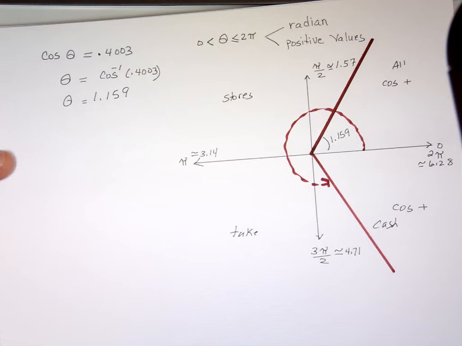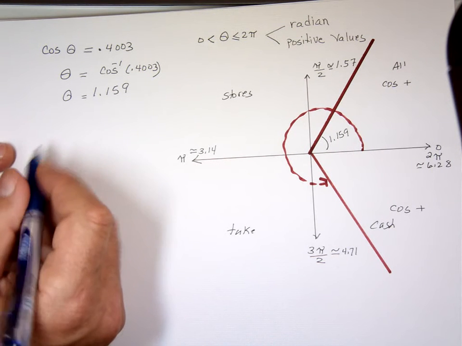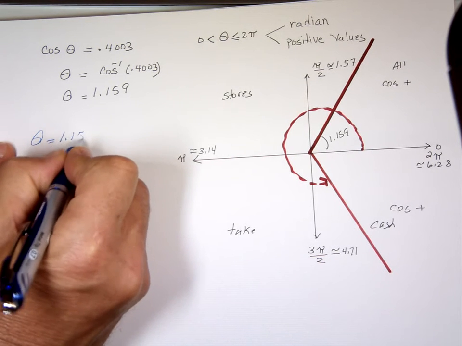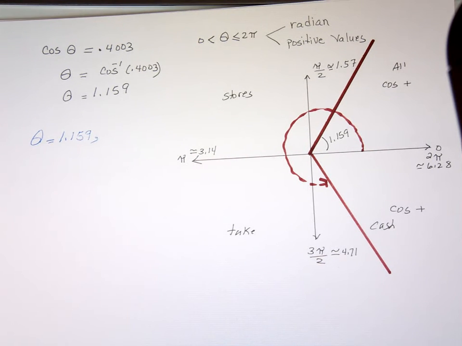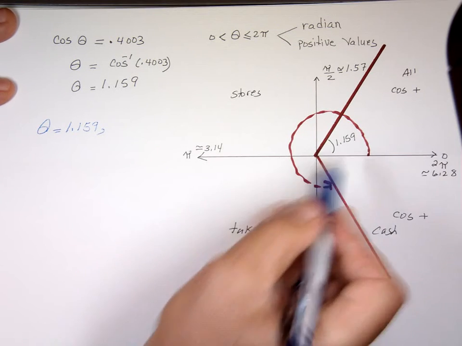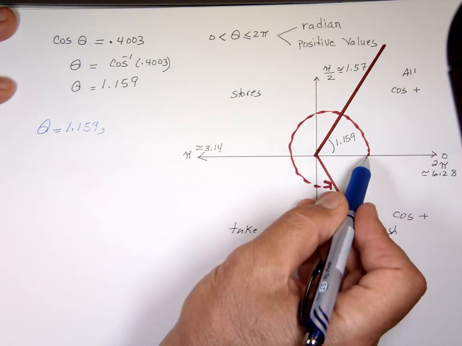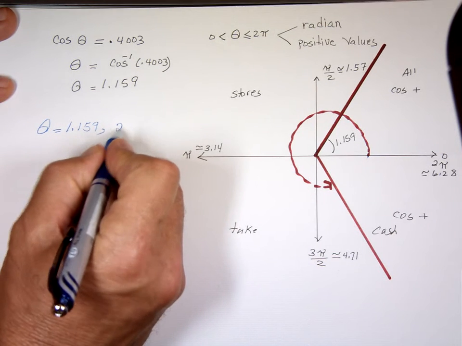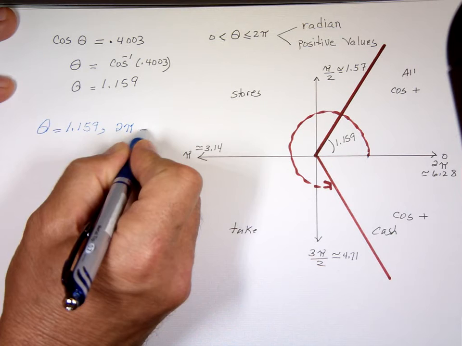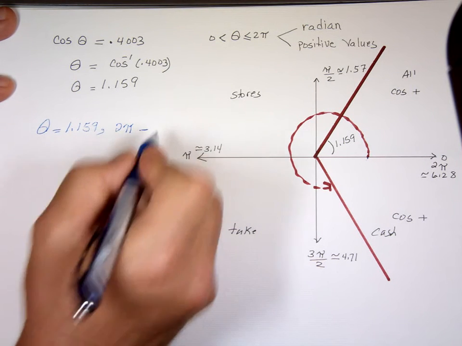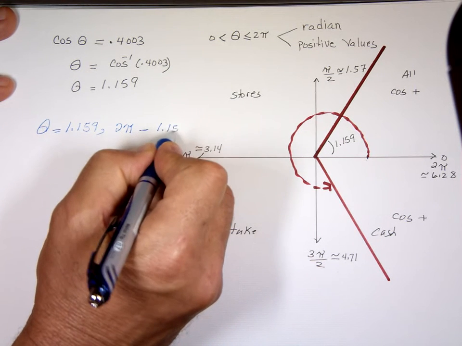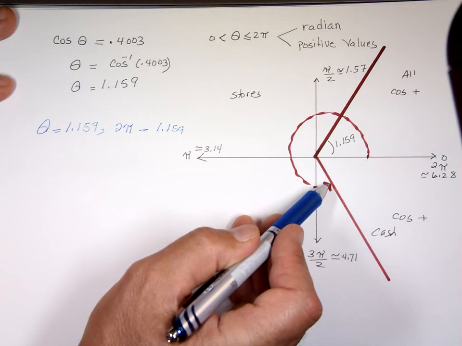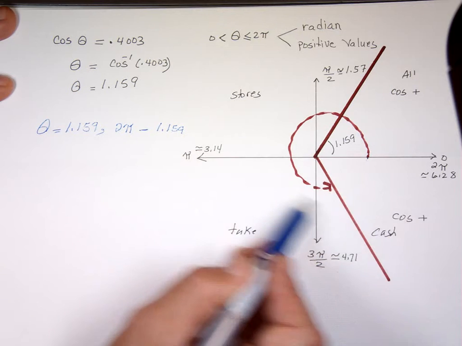So what's the other angle going to be? And the other one should be, well, to go all the way from here is what? That's a 2 pi. You need to subtract from it what? 1.159. Because the size of this opening is the same size as this. So all the way to here is 2 pi.